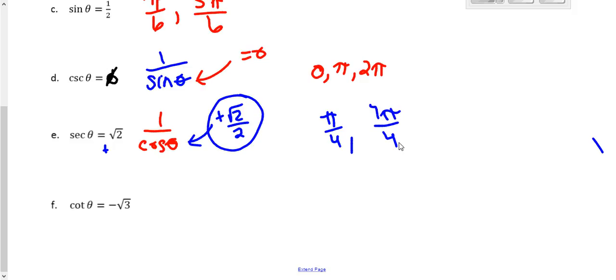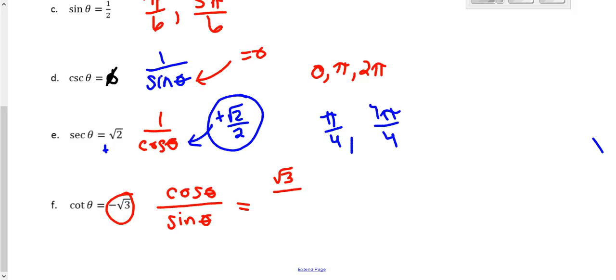And lastly, we have cotangent. Cotangent is cosine over sine. So if we're looking for a square root of 3 over 2, there's no denominator, so nothing was rationalized, which means that the square root of 3 was on top.